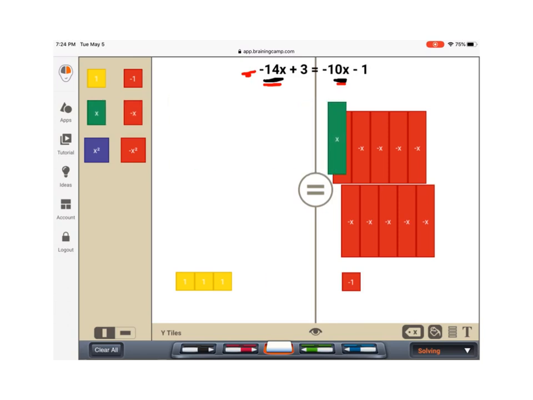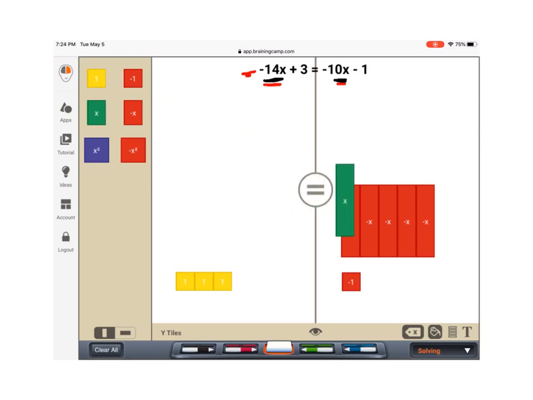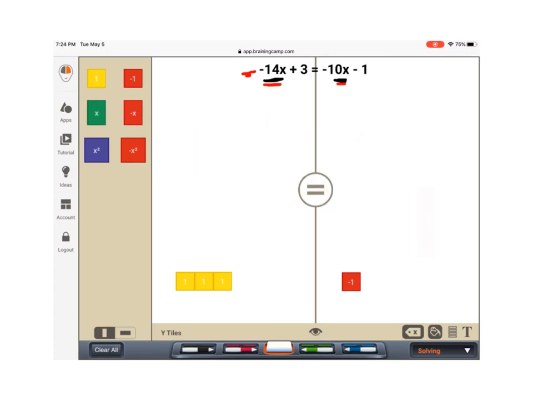And I'm going to add 14 to this side. Now we have what we want. We have x's only on one side of our equation. We can continue from here.